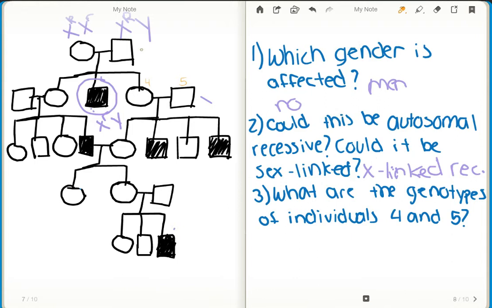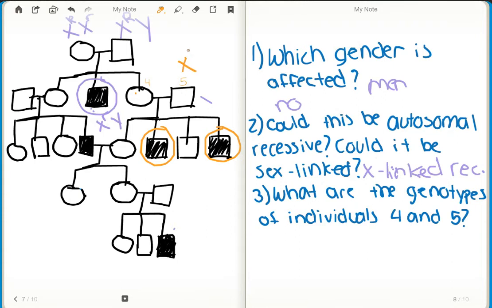Okay, so individual 4 is a female who does not have the trait, but she gives birth to 2 sons who do have the trait. So let's start with individual 5 because he is easier to figure out as he is a male and does not have the trait.